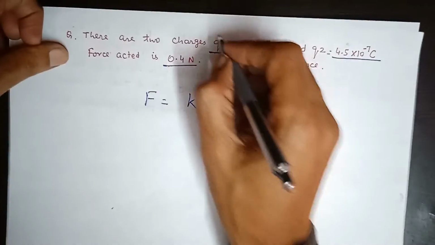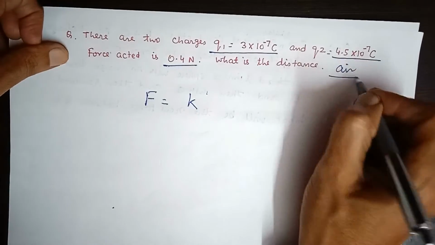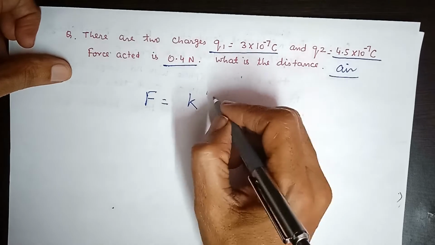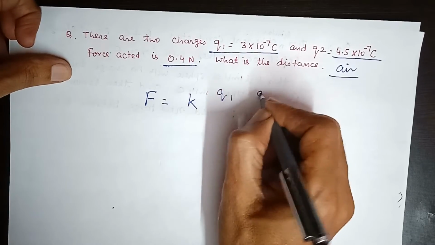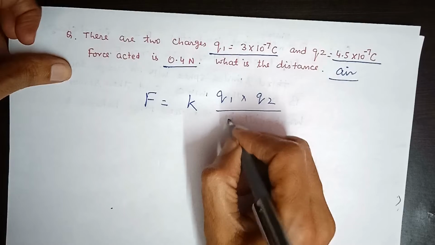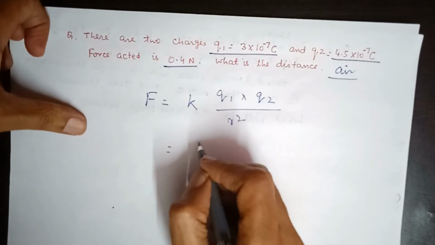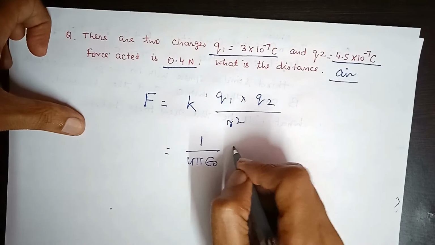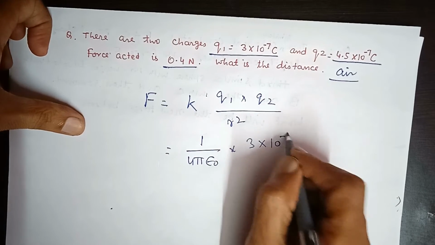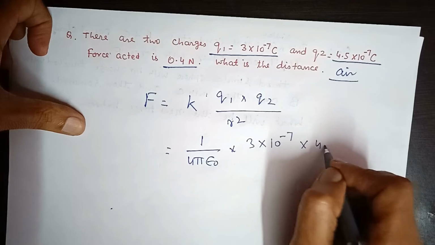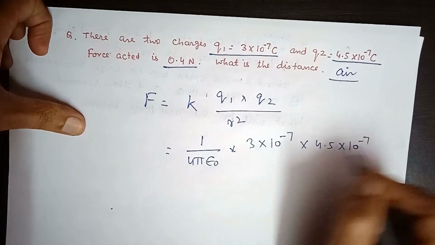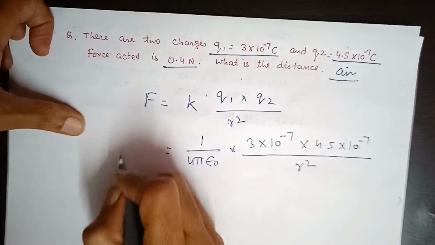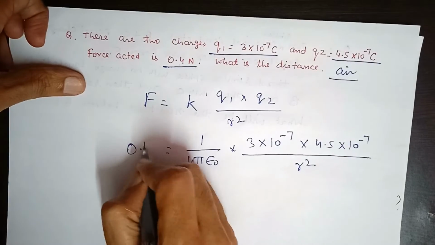Let the medium be air between the two charges. Then force F is equal to K Q1 Q2 divided by R square, that is 1 by 4 pi epsilon naught into 3 into 10 raised to the power minus 7 into 4.5 into 10 raised to the power minus 7 divided by R square, and force is equal to 0.4.